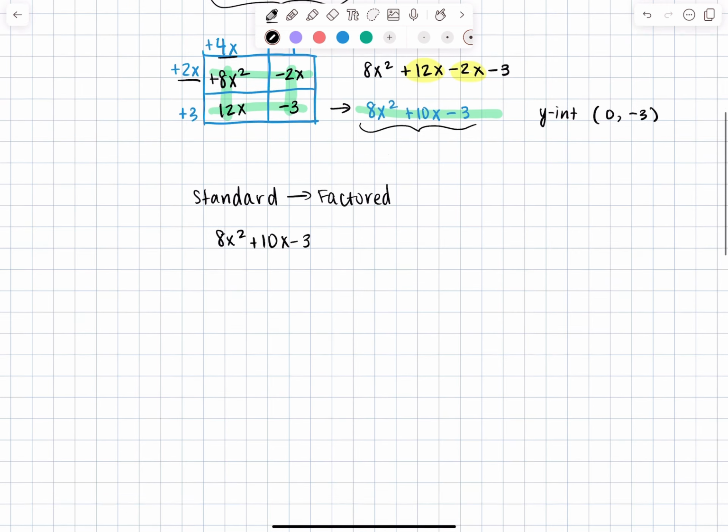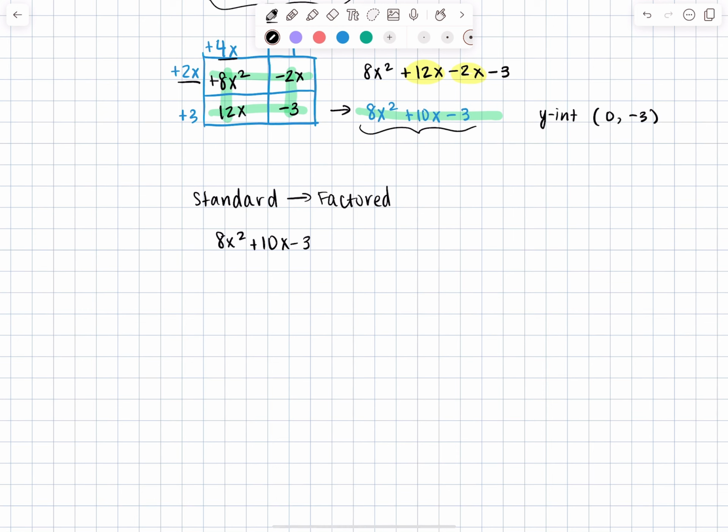To do this, all we have to do is use our Lizzie method. That is doing a times c. We need two numbers that when you multiply them, you get a times c, and the same two numbers, when you add them, you get the value of b.